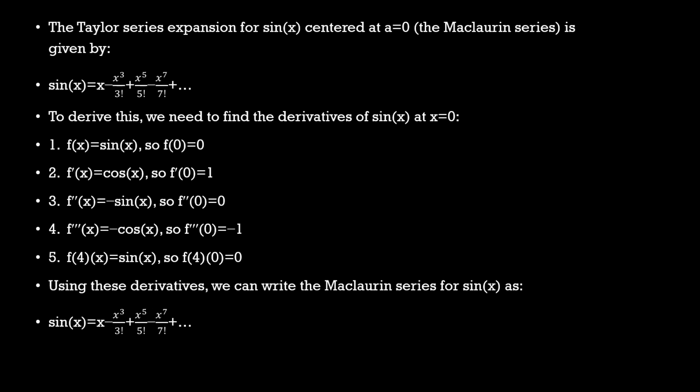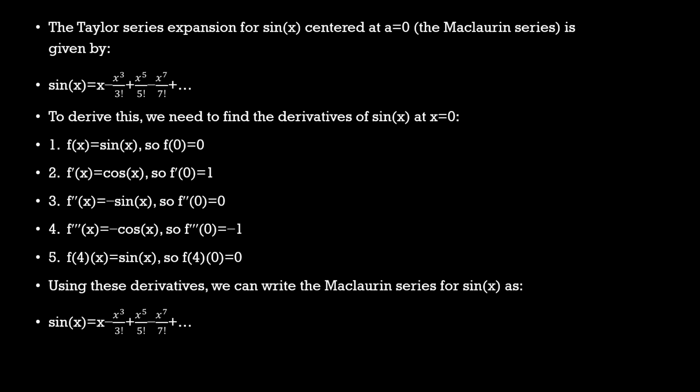We know that f(x) equals sin x, so f(0) will be 0, and the first derivative of sin x will be cos x, so f prime 0 equals 1, and the second derivative will be negative sin x, and hence will be 0, and the third derivative will be negative cos x, so it will be negative 1, and so on.